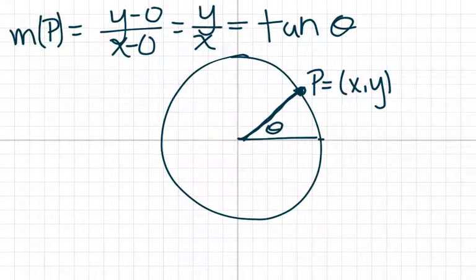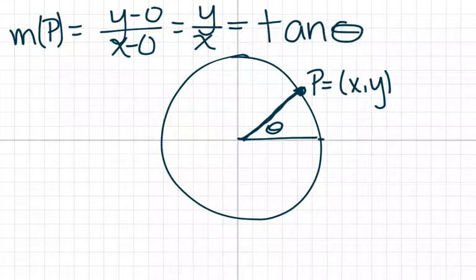So we can always think of our tangent function as being the slope of this line here, the terminal side of our angle theta.